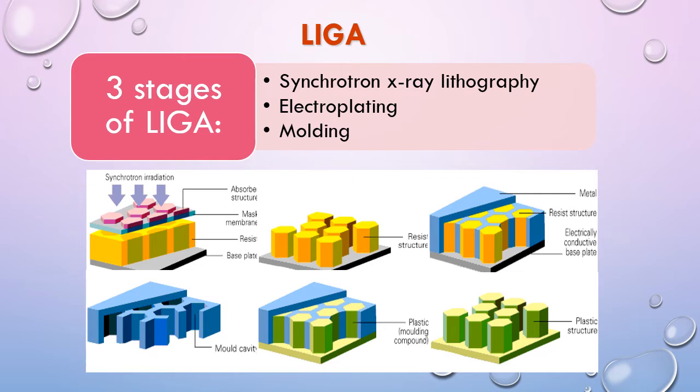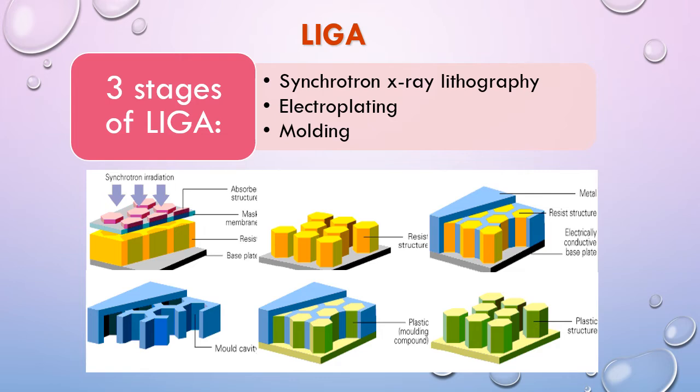The first process, synchrotron X-ray lithography, is like the normal process of lithography. You have to have the substrate, and then you put the mask, and then you put the resist, and then you perform the synchrotron irradiation on the material.